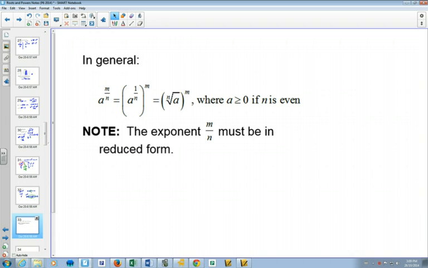A to the m over n is equal to the nth root of a to the m, where a is greater than or equal to 0 if n is even, because you can't take an even root of a negative number. And important in this is that the fraction must be reduced in lowest terms.